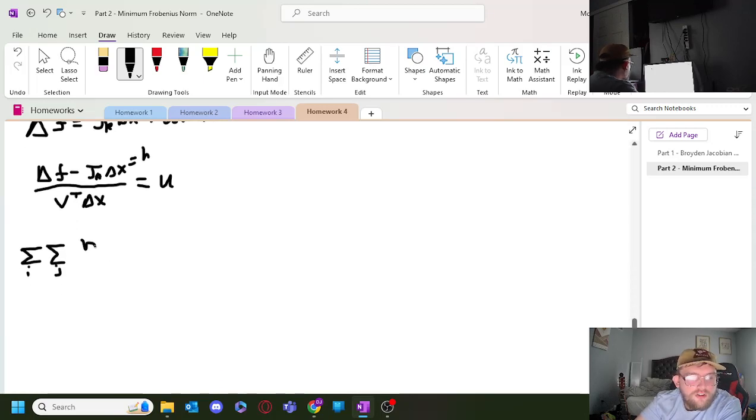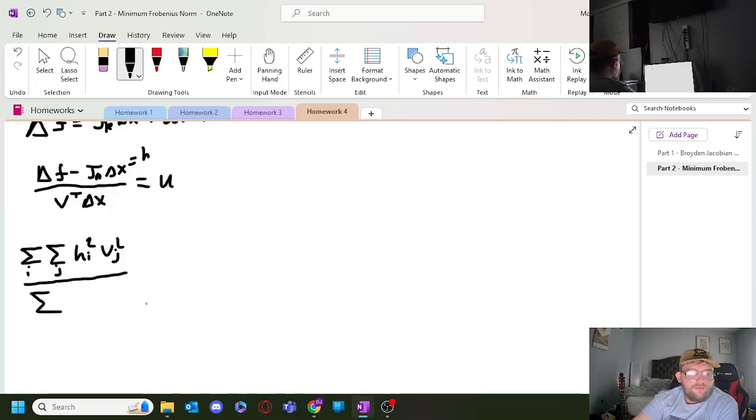So we have h i squared times v j squared, all of that divided by the summation of v transpose delta x i, and this is also squared.